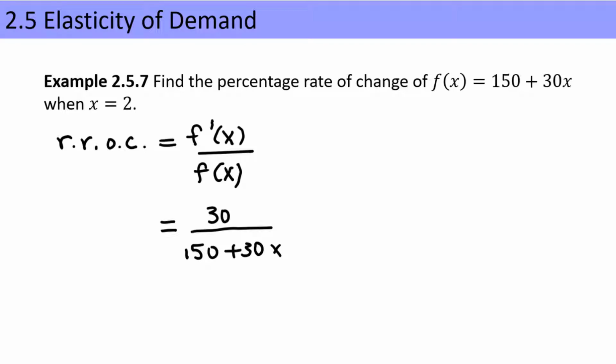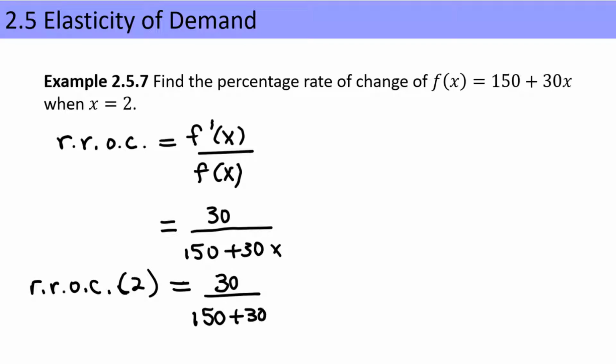Now we compute the relative rate of change, RROC, at x equals 2. That means you put in a 2 every place there is an x. So we have 30 divided by 150 plus 30 times 2, which is 60, is 210, and that reduces to 1/7.